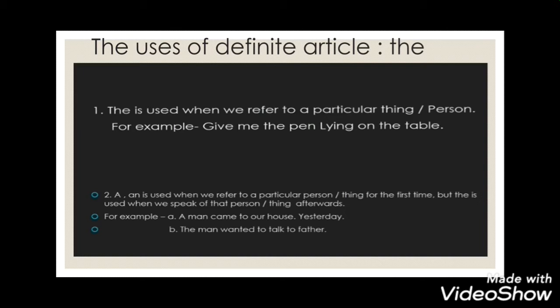But in the next sentence again we have talked about the same man, but here we have used the before it. But why? Because here we have already got to know about that particular man in the first sentence, and in the second sentence we are talking about him for the second time when we already know about him. That's why here we have put the.